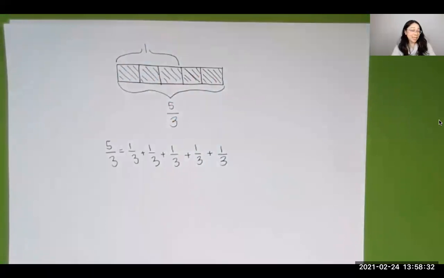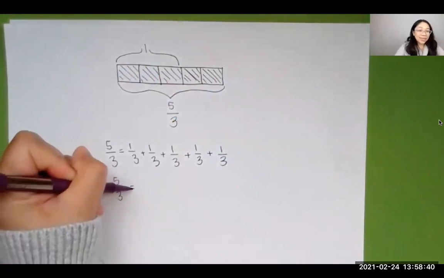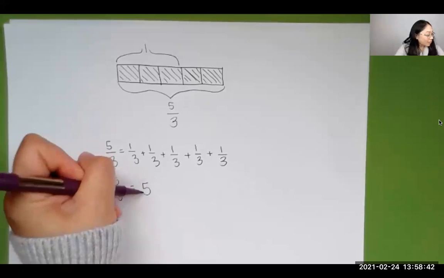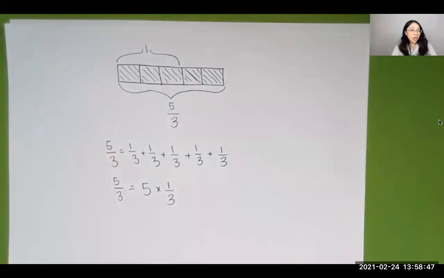Now, as a multiplication sentence, well, we have 5/3. That equals 5 times 1/3. Is there another way that we can express 5/3 using multiplication? Go ahead and pause the video here and write another multiplication sentence that expresses 5/3. We'll compare our work afterwards.